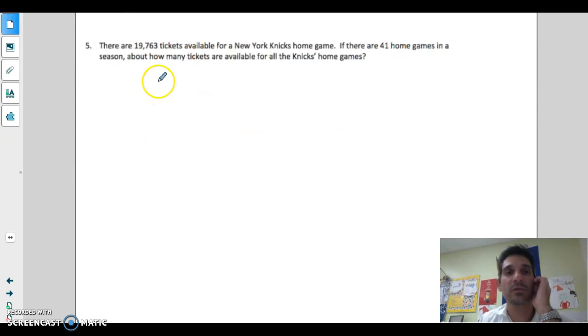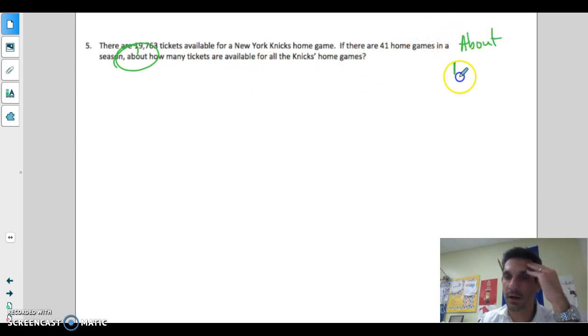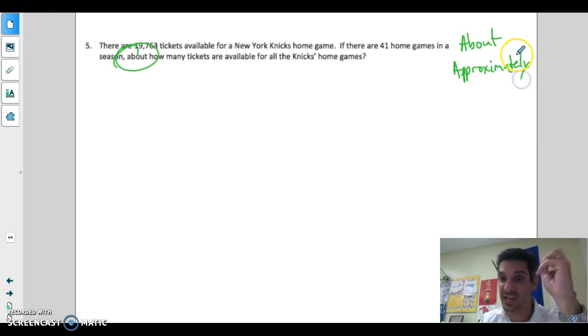Okay, there are 19,763 seats for a New York Knicks home game. If there are 41 home games in a season, about how many tickets are available for all the Knicks home games? Okay, so there should be an alarm. When you see the word about, approximately, an alarm should be going off in your head like, okay, that's estimating.